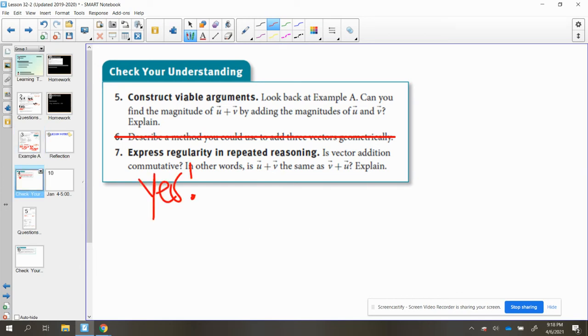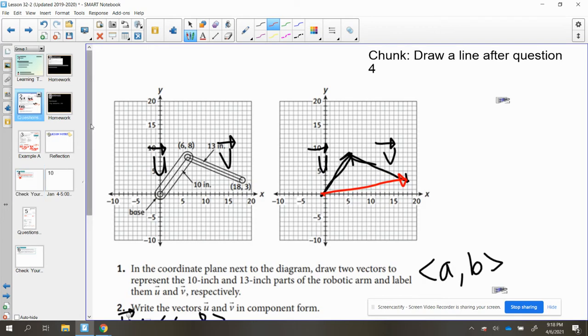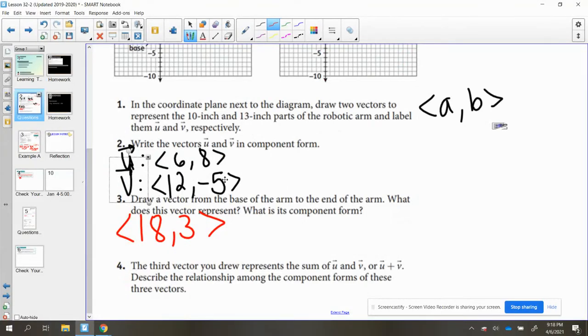Okay. Now, an important thing to look at is thinking about our magnitudes. If we go back to the beginning when we were talking about vector U and vector V, right? If we found the magnitudes of these, remember magnitude is represented by those absolute value bars. A reminder, the magnitude is found by taking the square root of a squared plus b squared, right?